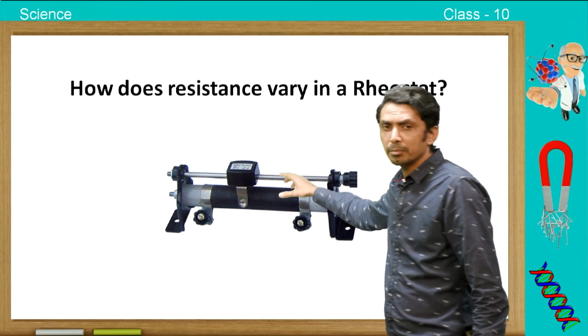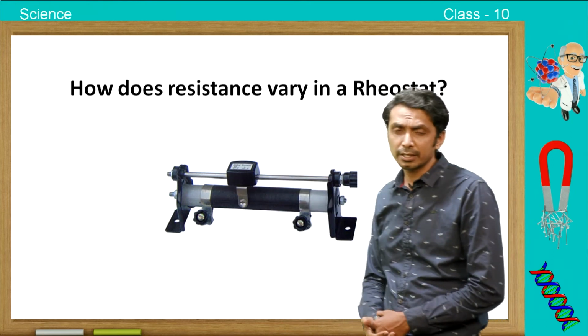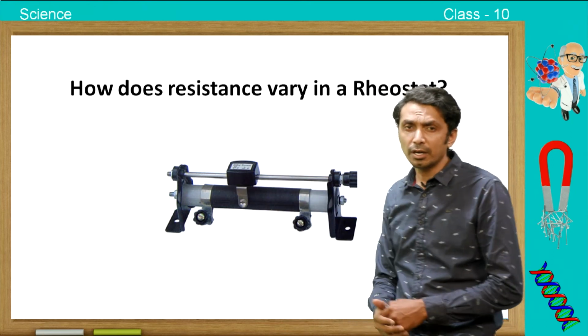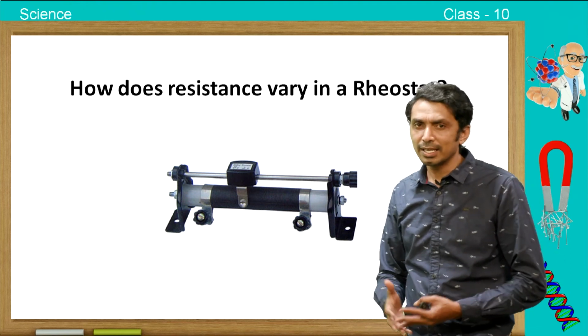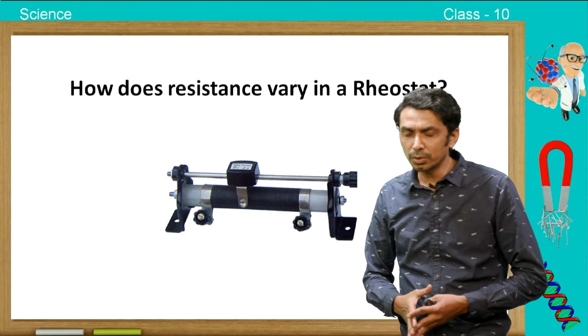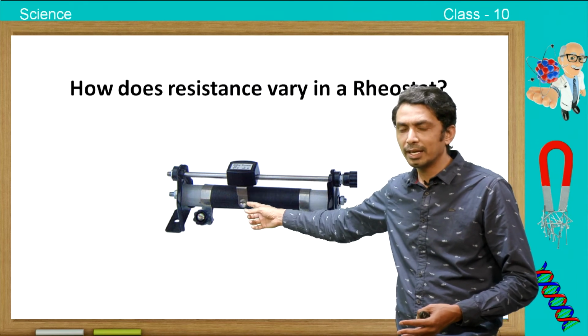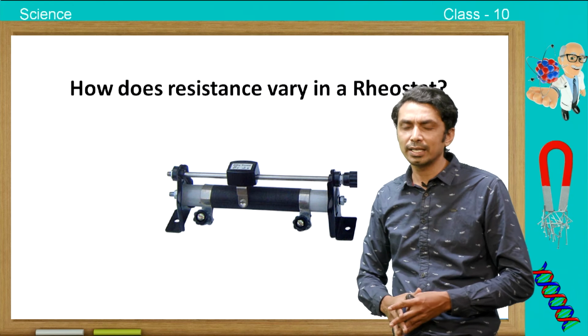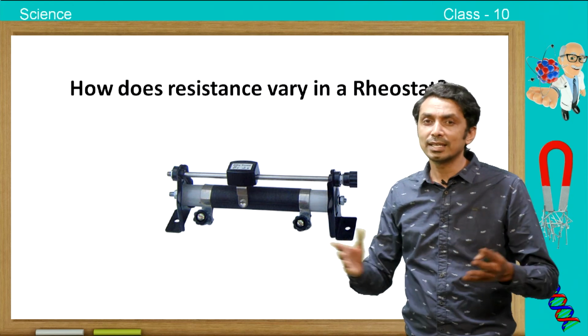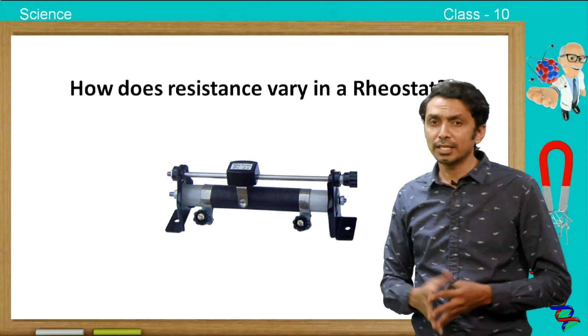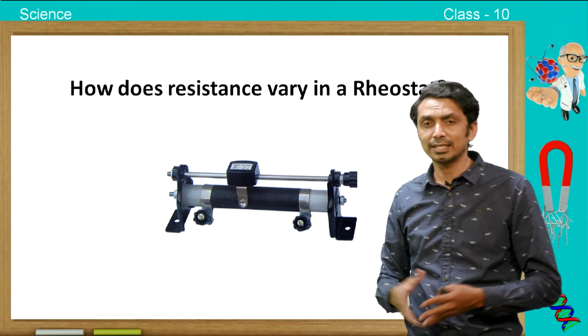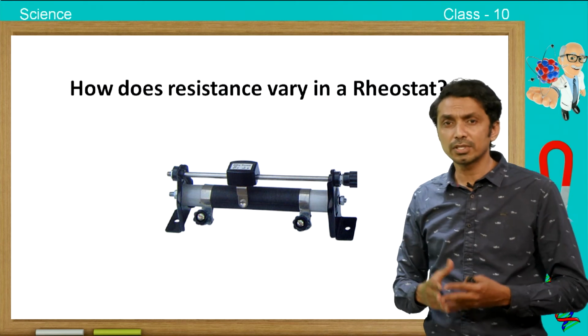That is why by sliding the connector in the rheostat, we are varying the resistance in the electrical circuit. What is varying here? Yes, in the rheostat the length of the wire is varying, which results in the variation in the resistance of the conductor or the resistance of the circuit.